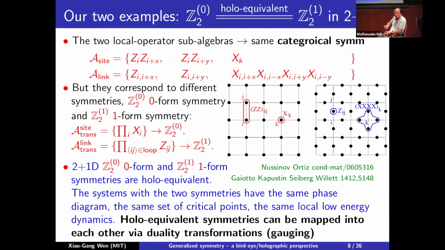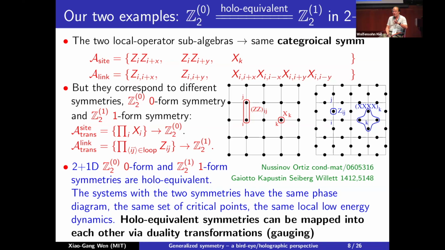I don't want to show that when we talk about this stuff. The point here is that when we have a holo-equivalent symmetry, it suggests that there is a duality transformation mapping from one symmetry to another symmetry. Another interesting consequence is that if your model does not have any symmetry, then there is no duality transformation.